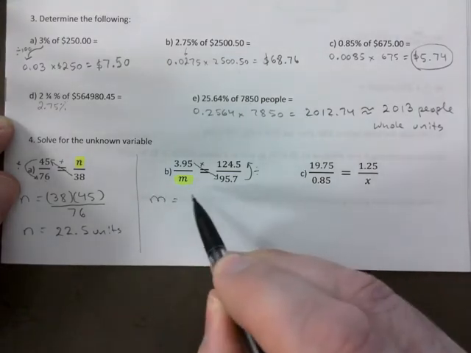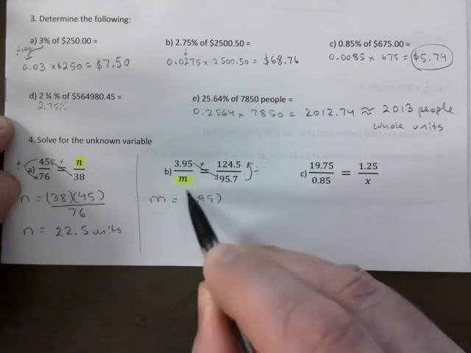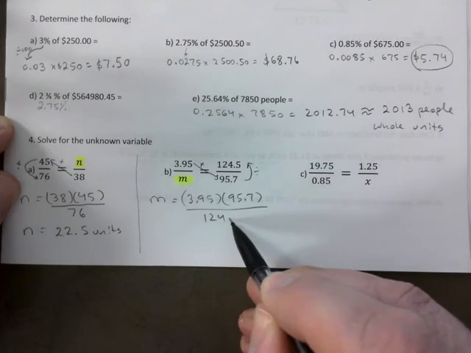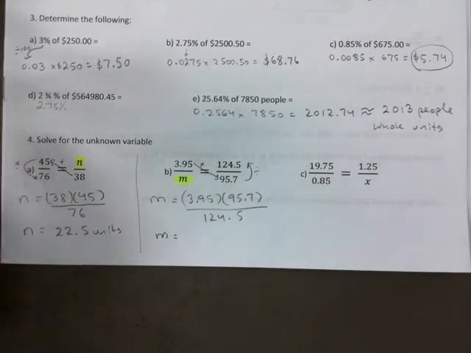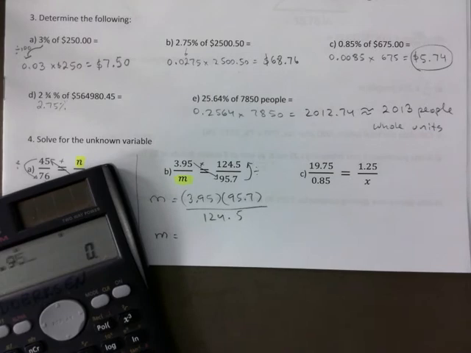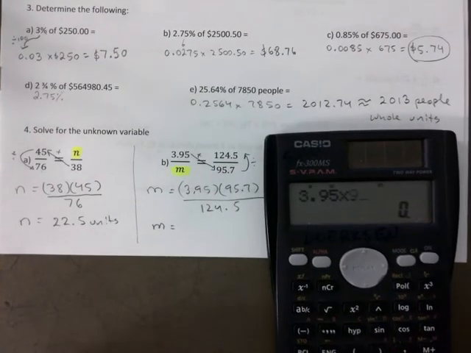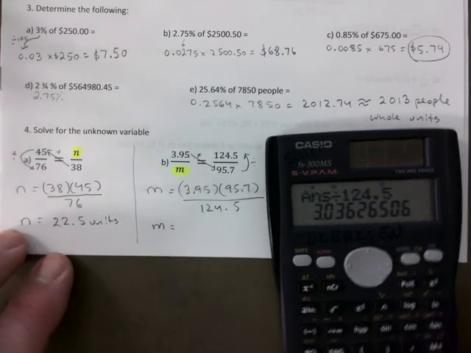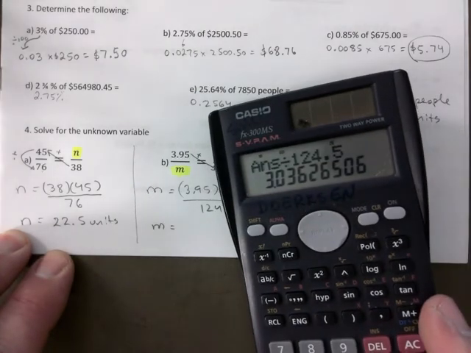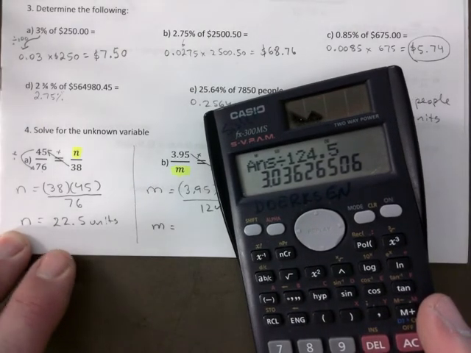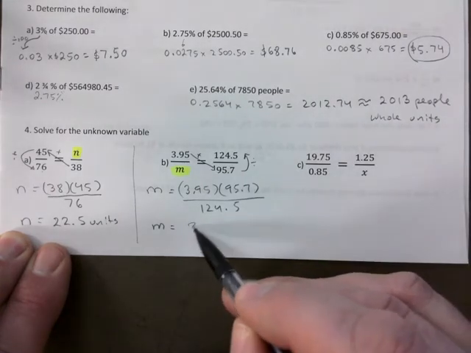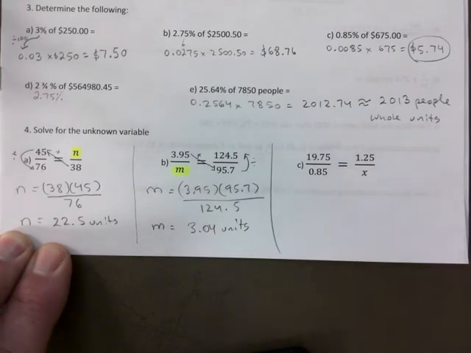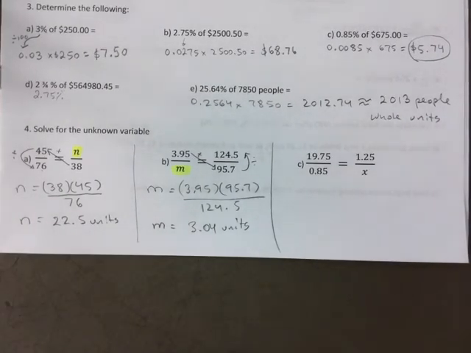So m is 3.95 times 95.7 divided by 124.5. 3.95 times 95.7 equals, then I divide, and that's 3.04. Watch, after the 3 there's a 6, so the 6 bumps you up. And we don't know what units, so we're just going to put that down. And so on and so forth.